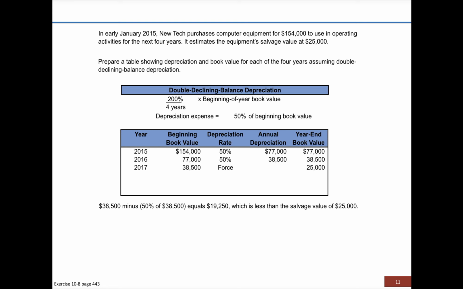If it would have you down below that value, then instead of that number, you just figure out, what do I need to get me from here to that value? In this case, it was 13.5. So for a fourth year, we would have no depreciation recognized. It doesn't necessarily mean we wouldn't use the asset, just that it is fully depreciated at this point.